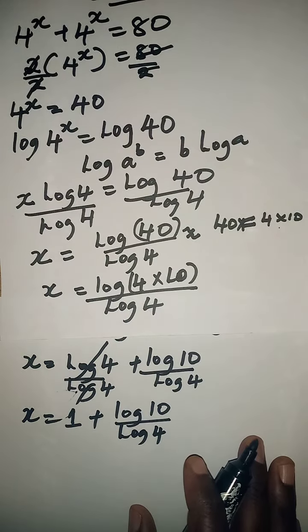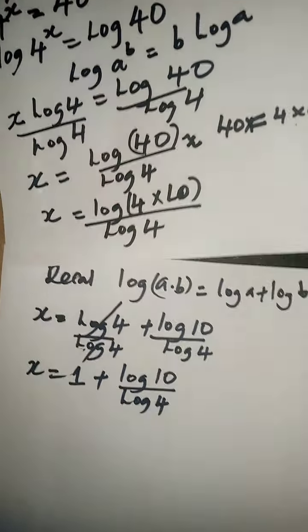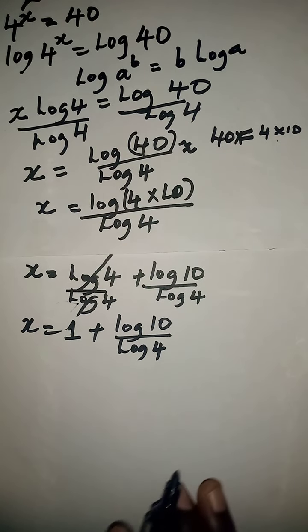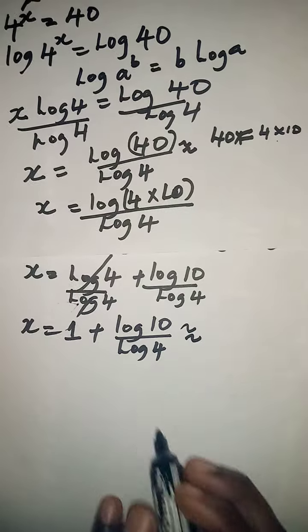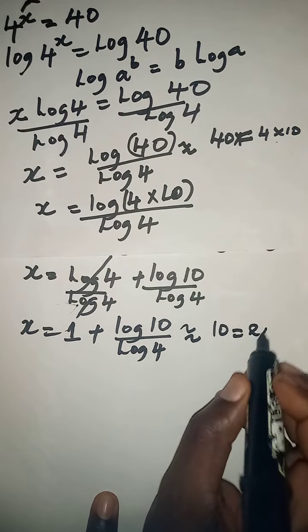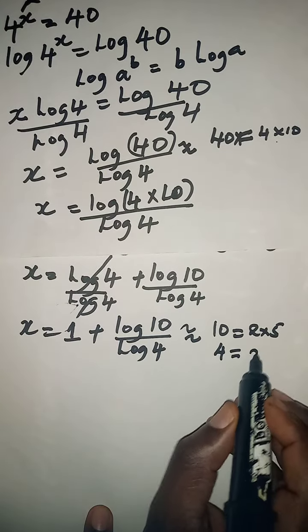So wherever you have the log of 10 divided by the log of 4, this can be simplified further. I know 10 can be written as 2 times 5, and 4 can also be written as 2 squared.